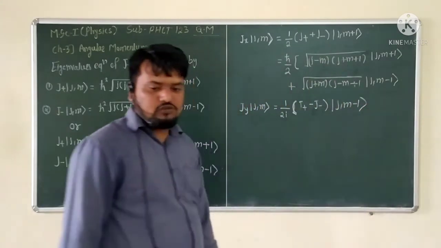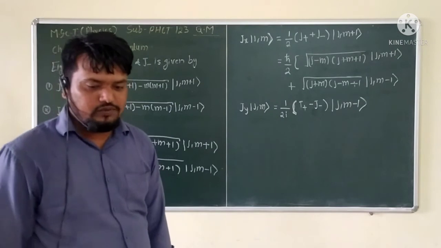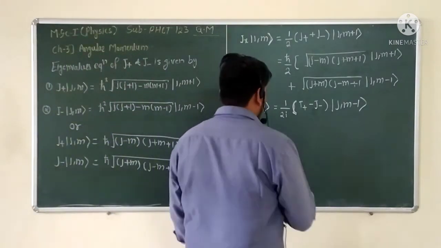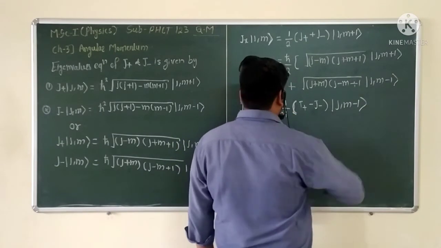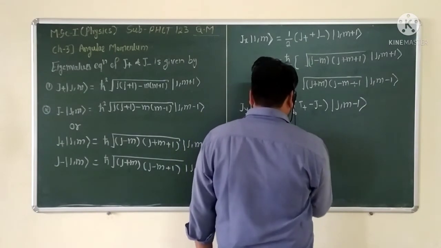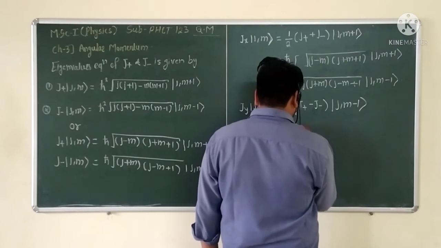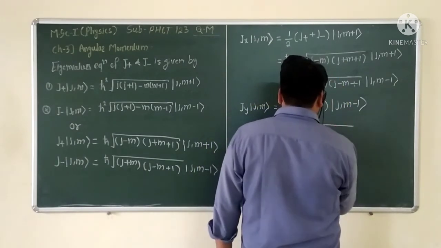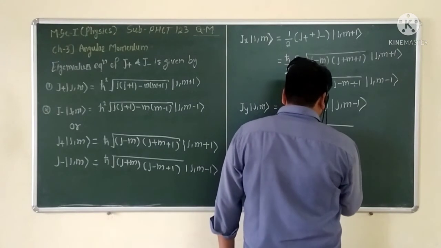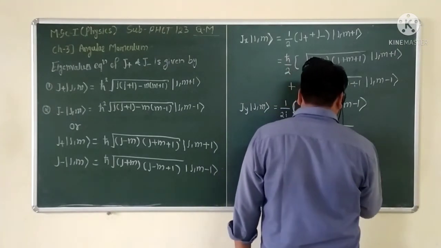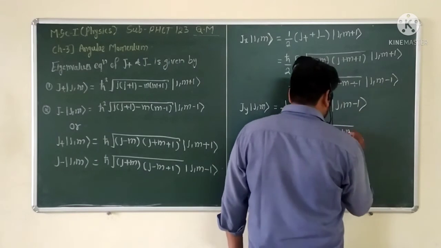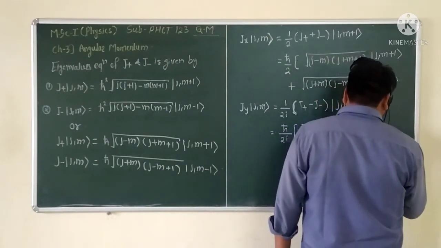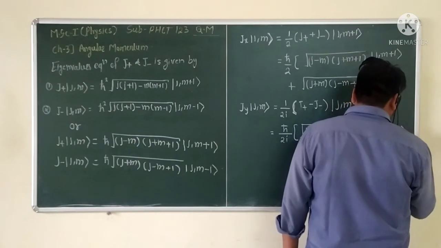Okay, so this is the equation, and if we solve this equation, this is nothing but the H cross taken outside, divided by twice i. J plus value is nothing but this: the square root of J minus M, J plus M plus 1, ket of J comma M plus 1.